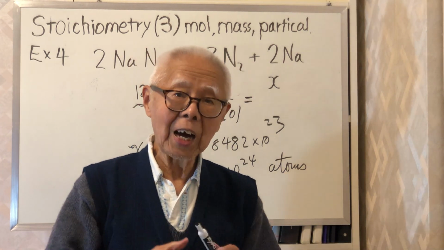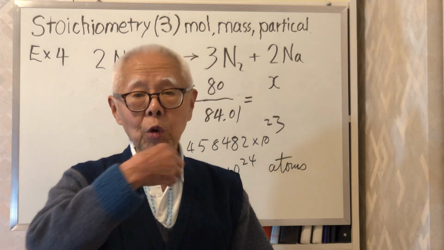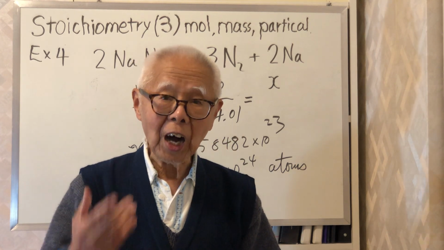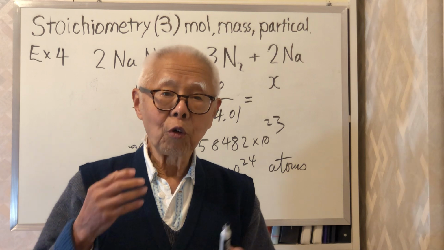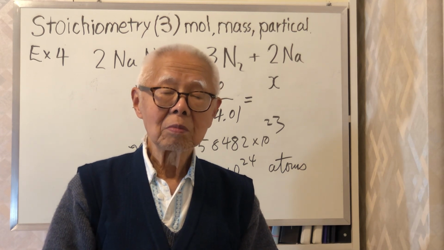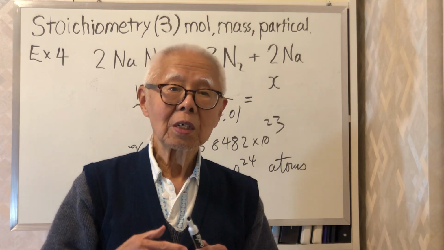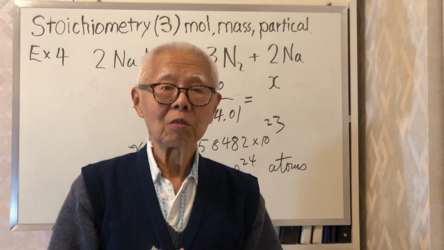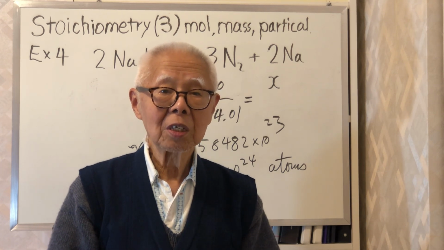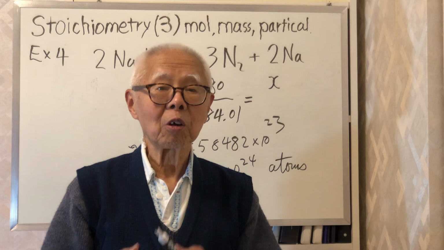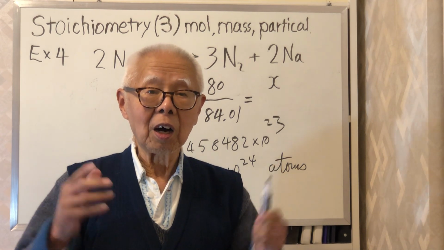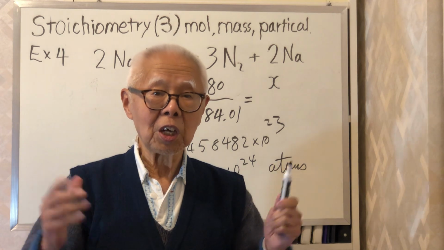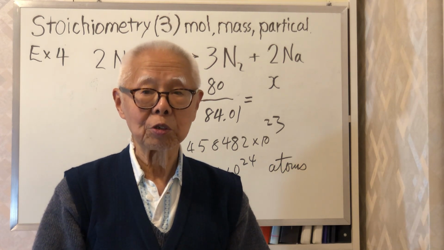Then on the next line, from the equation, for gram, you need the periodic table, find the atomic mass, and do the gram for that particular compound in the reaction equation.